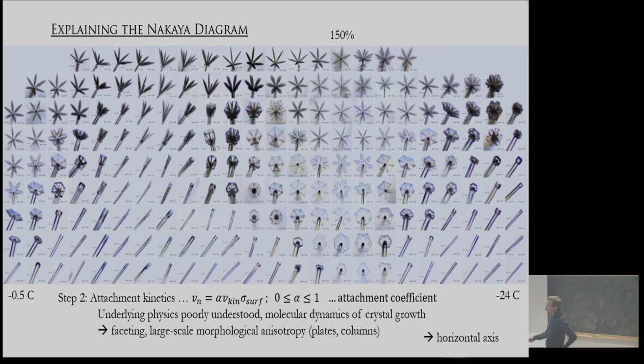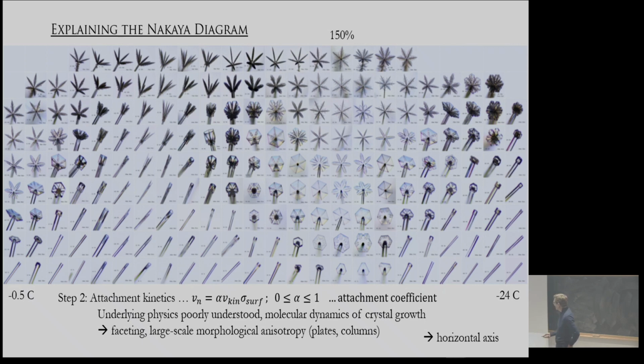If you see thin plates like these, or columns that are needle-like structures, that tells you that the attachment coefficient, the attachment kinetics, is highly anisotropic. And so the puzzle here is that it changes. It's highly anisotropic here to make plates, anisotropic in the opposite direction here to make columns, the opposite direction again to make plates, and then far over here more columns.